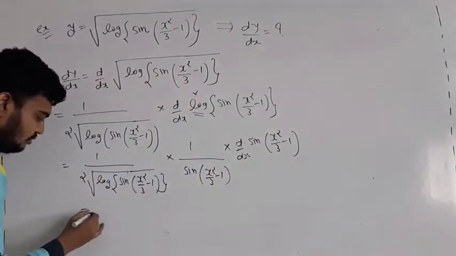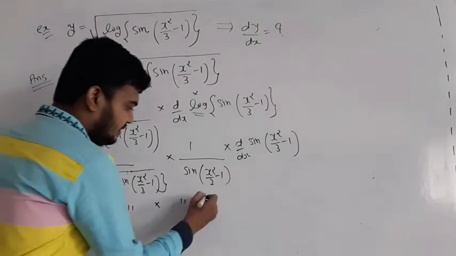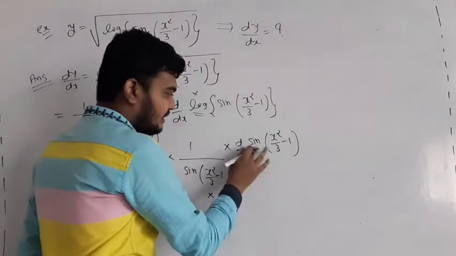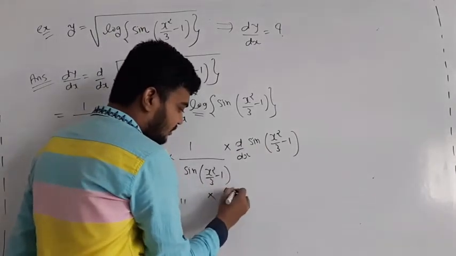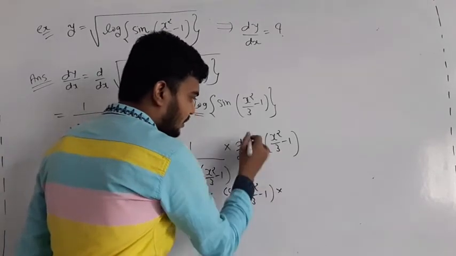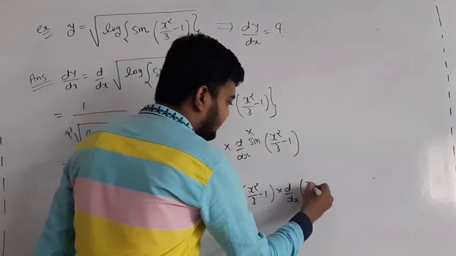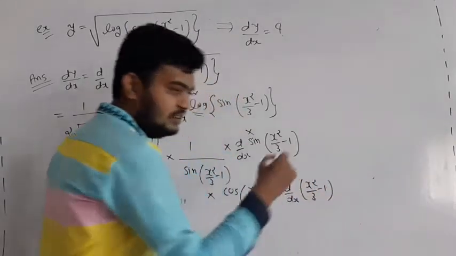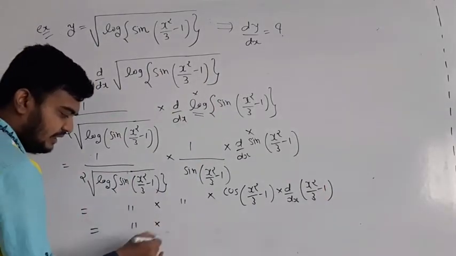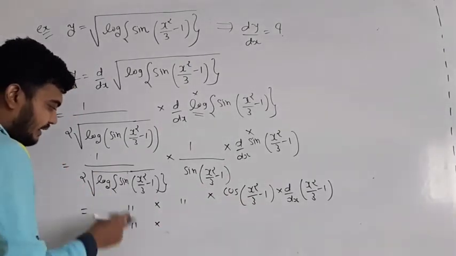Okay. Now this term as it is cross this term as it is cross d by dx of sine. So first function is sine, so derivative of sine is cos, angle is as it is x square by 3 minus 1 cross. Now derivative of sine is completed, so remaining derivative is d by dx of x square by 3 minus 1. So in the final answer this whole term is as it is, because of the lack of space I am not writing out this whole term.